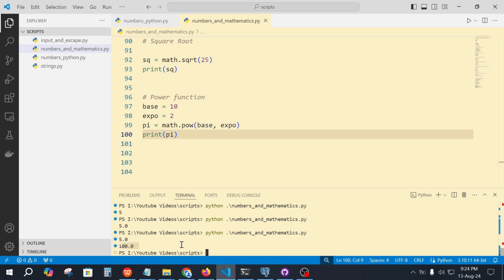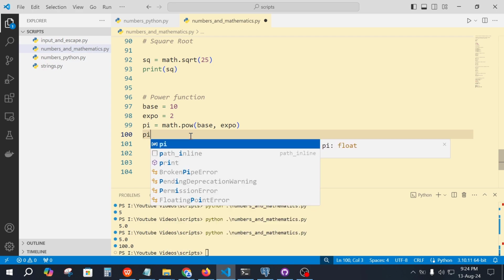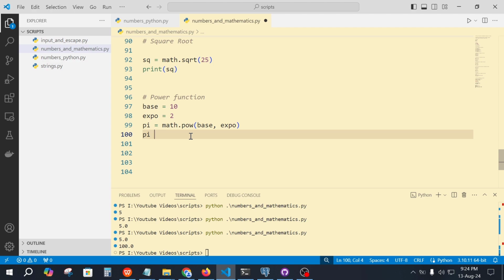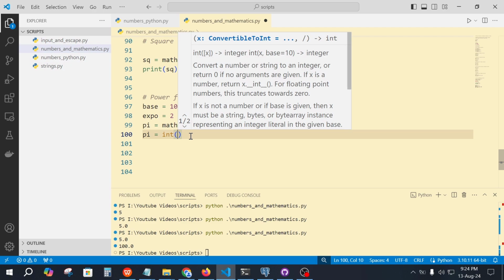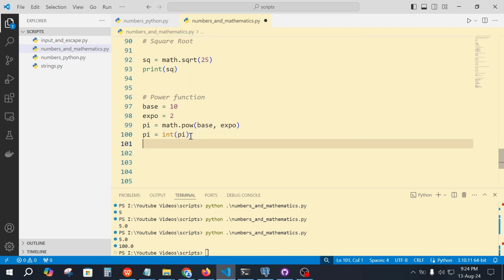Okay, 100. Now if I want to convert this 100, which is a float number, to an integer, I can do pi equals int pi. So we are reassigning this pi variable to an integer of the pi variable.